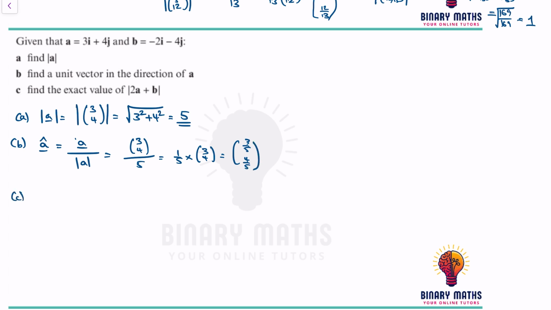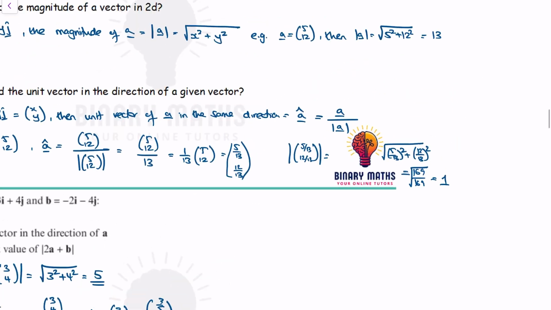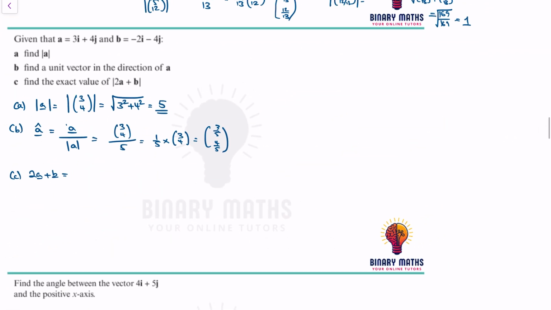C, find the exact value of the magnitude of 2a plus b. So first I'll work out 2a plus b, which is equal to 2 times (3, 4) plus (-2, -4), which is 6 minus 2, which is 4, 8 minus 4, which is 4.